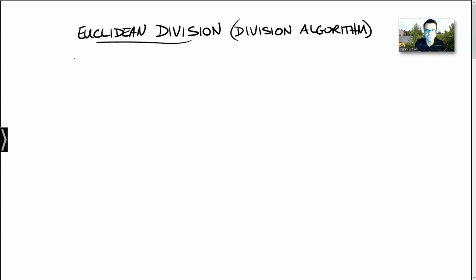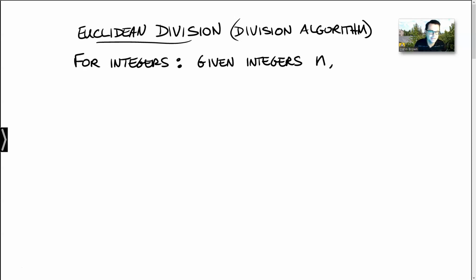And I'm going to state it first for integers. So what does it say for integers? There's slightly different formulations. This is not the most powerful statement, but it's an equivalent statement that's very commonly used. So it says given integers n and d, and it's very important here, d is not 0, because you can't divide by 0.